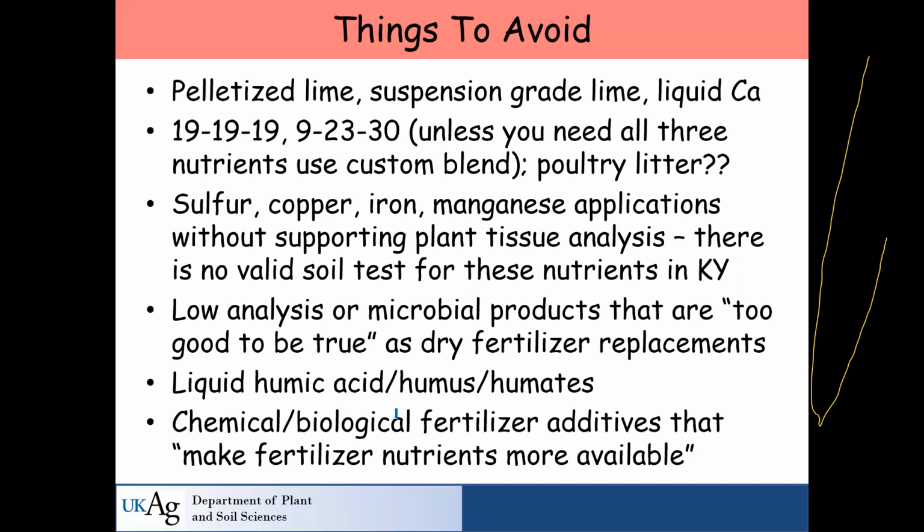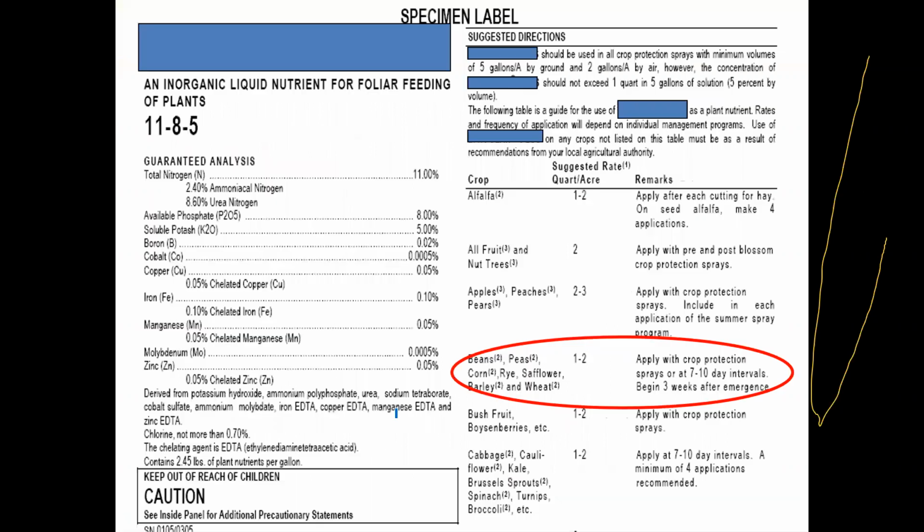So what are you going to get from a jug of this stuff? Chemical or biological additives that make fertilizer nutrients more available: I'm anticipating there'll be some biologicals down the road that'll help us, but in general, none of these have proven to be very valuable.